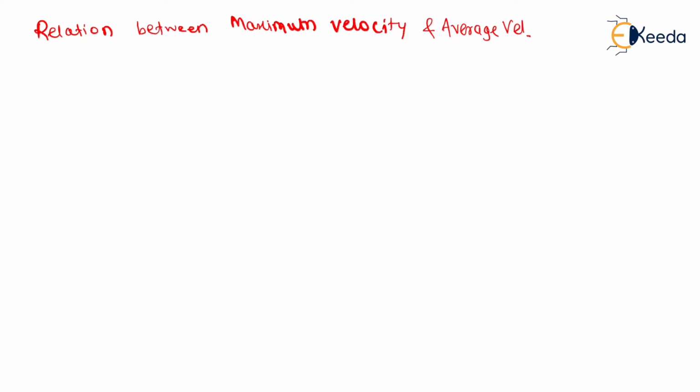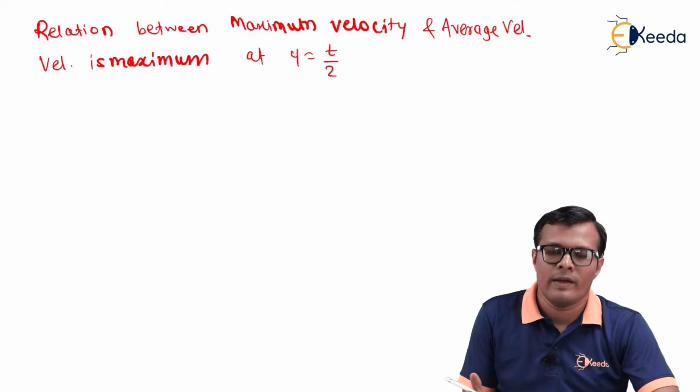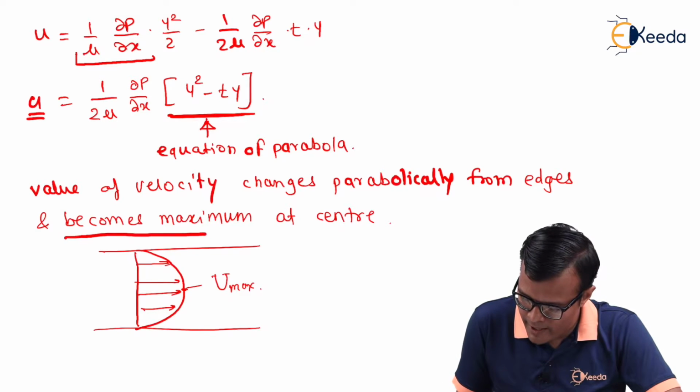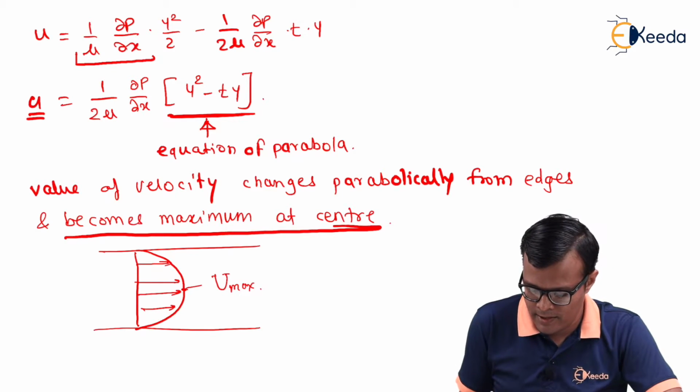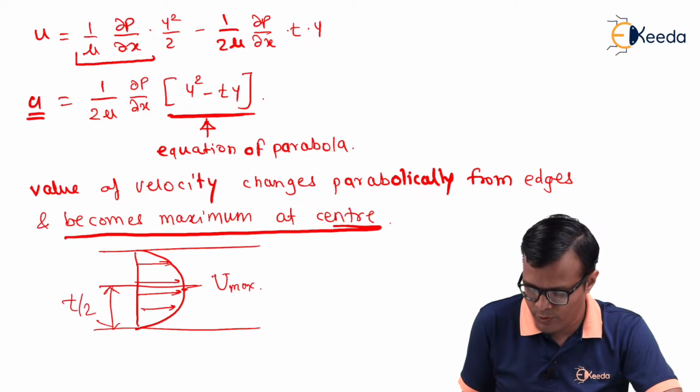So it is clear that velocity is maximum at y equal to t upon 2, because we have already commented that it becomes maximum at the center, which means this distance is t upon 2.